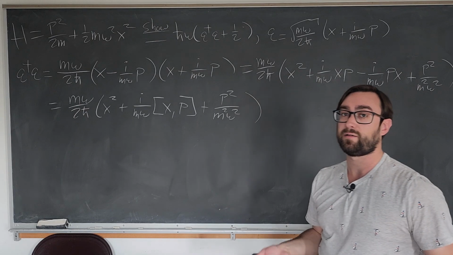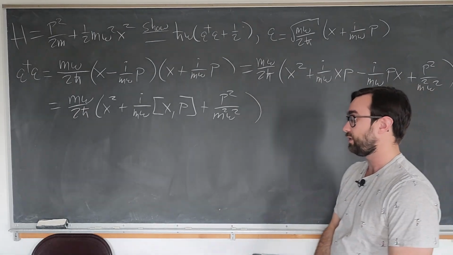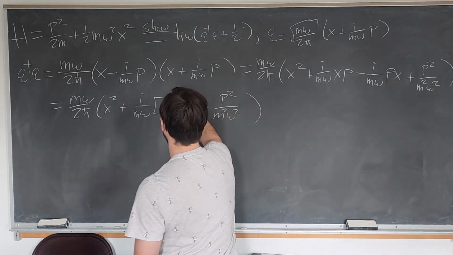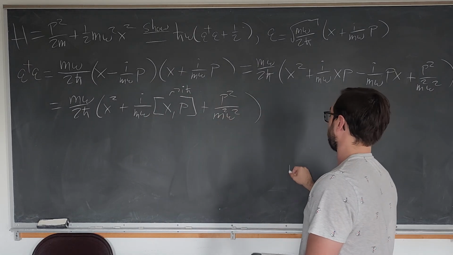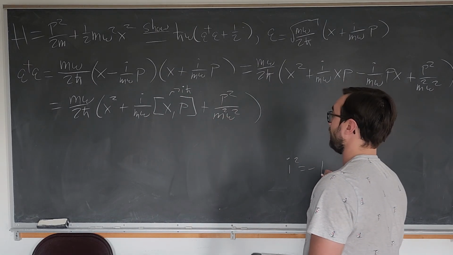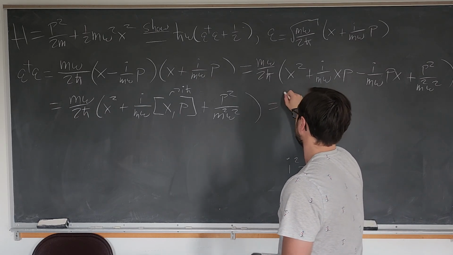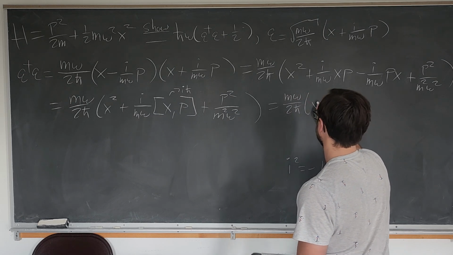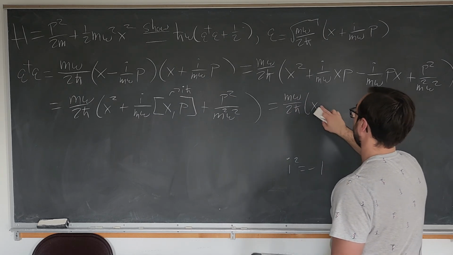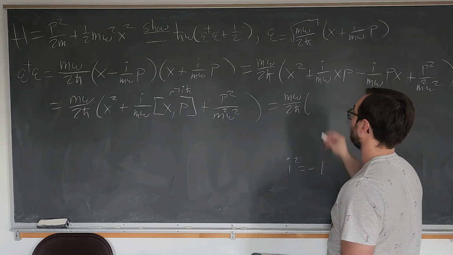And what is the commutator of x and p? Well, every student of quantum mechanics knows it's simply i h bar. So we get i squared is equal to -1 with this term. Which order do we want them in?